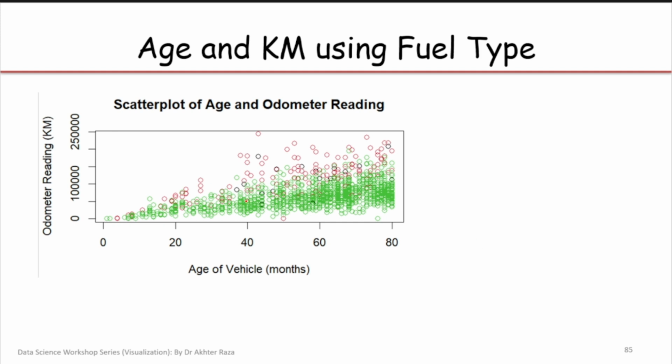There are very few CNG cars in between, so you can see that the third color is very sparse here. Purple and green colors are mostly in the graph. Very important is that the correlation between age and kilometer is 0.5.